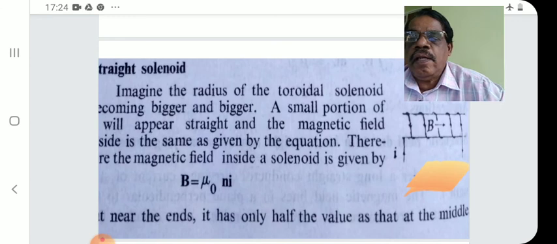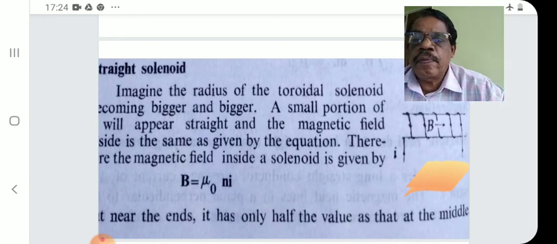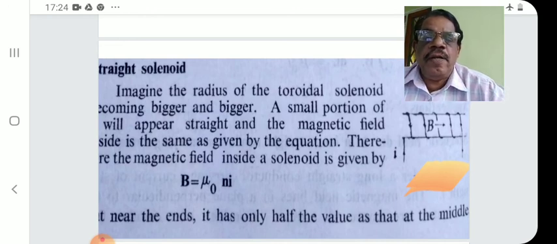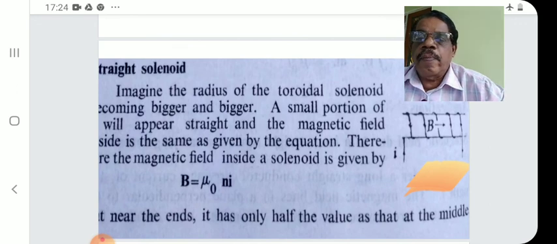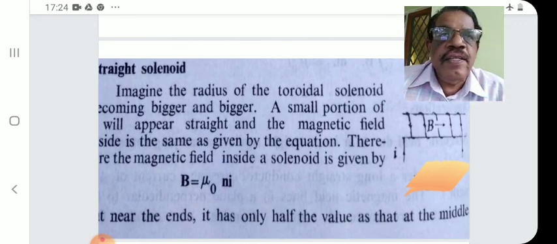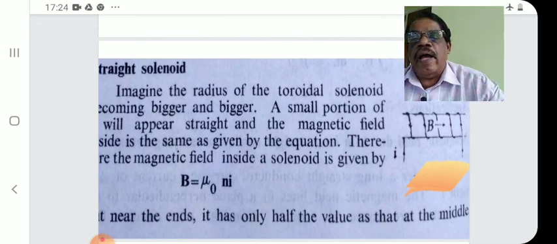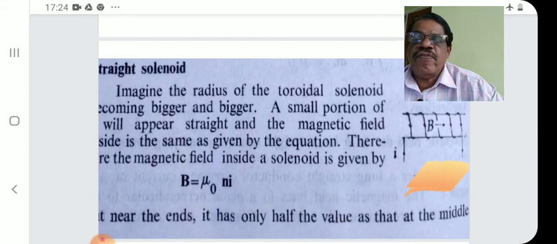Near the ends, it has only half the value as that at the middle. B is mu 0 nI is the field well inside a straight solenoid, and at the ends, the field is half of this.